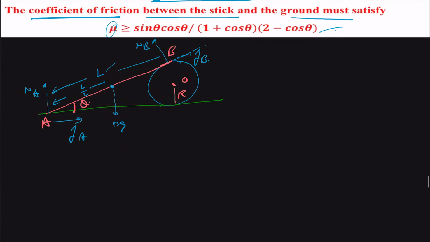Therefore, we are going to assume that the rod and the point of contact B is having a length that is our SB. Based on this we are going to solve it, and later on we can deal with it. Therefore, we say this is point A, this is point B, and angle theta.